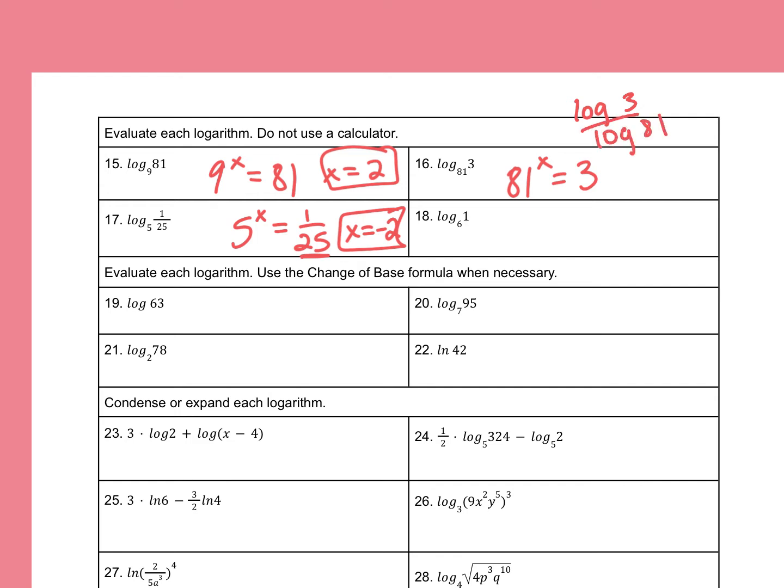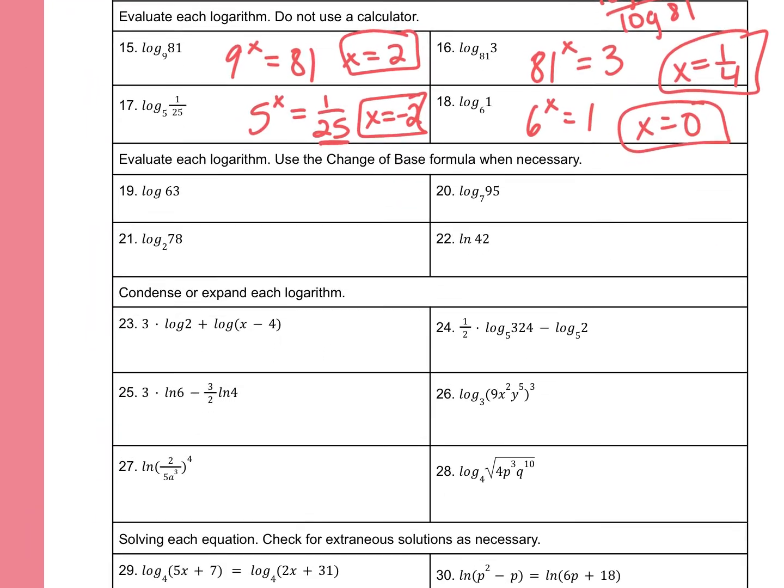And when you do that, you'll end up finding out that if I 4th root 81, I'd get 3. So that is x to the 1/4 power. But again, typing in log 3, close parenthesis, divided by log of 81, you'll get 0.25, which is the same thing. Okay, and then 6 to what power equals 1? That's an easy one. We know anything to the 0 power equals 1.